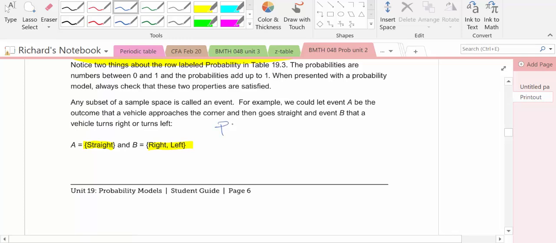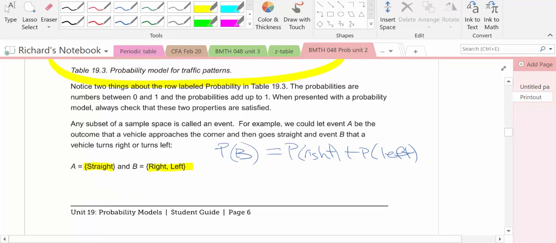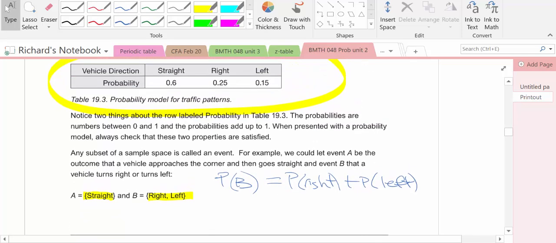The probability that event B happens could be the probability of going right plus the probability of going left. So the way you interpret this is looking at the information. The vehicle is either going to go right or left.